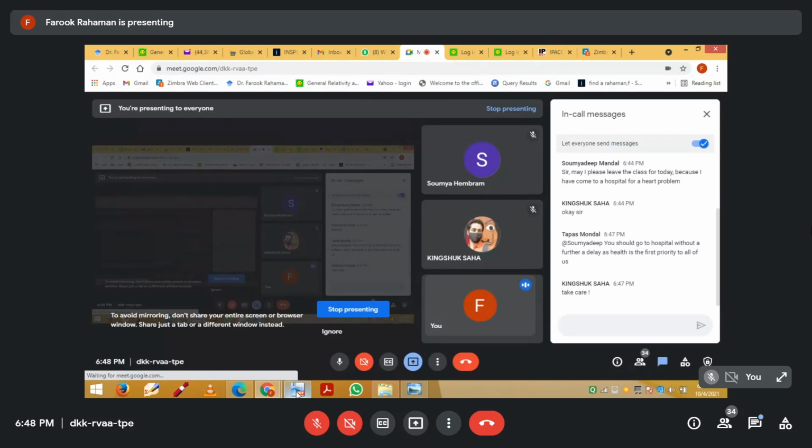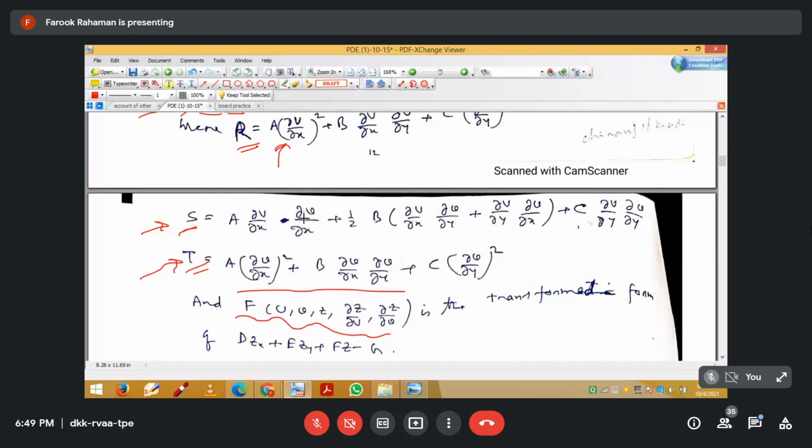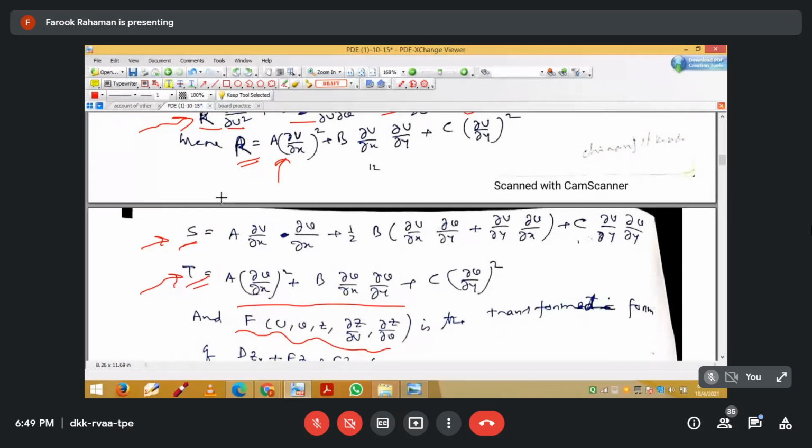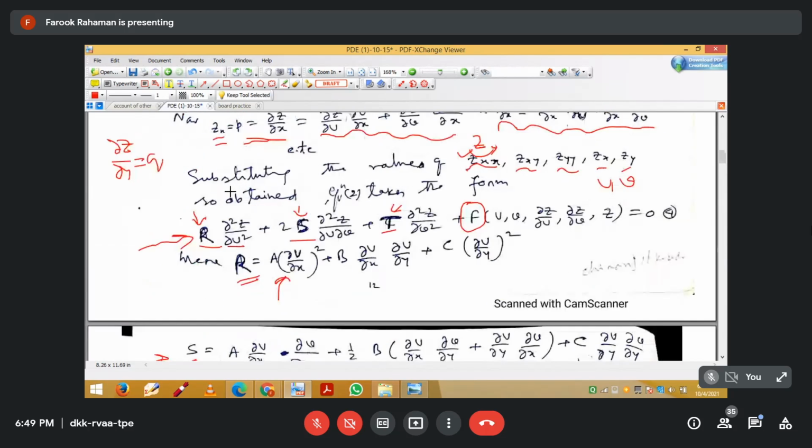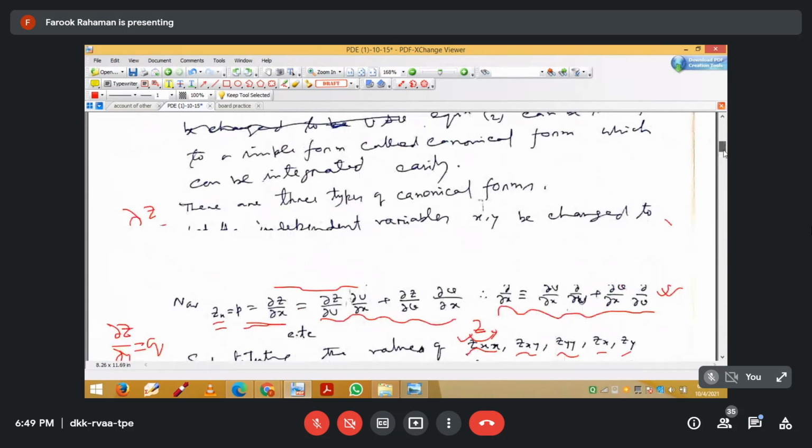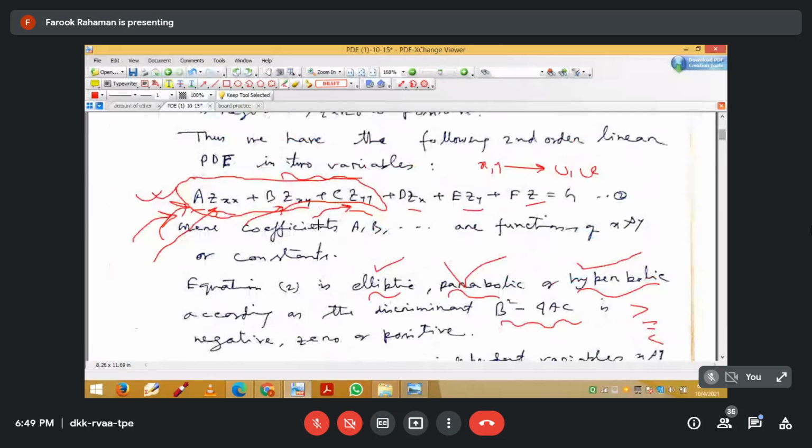Sorry, that was a little late. Okay, look, after finding the transformed form, or rather from the original equation, you can see that this is a quadratic equation.